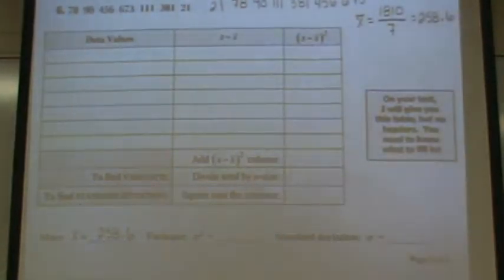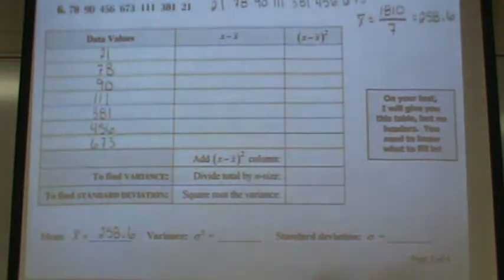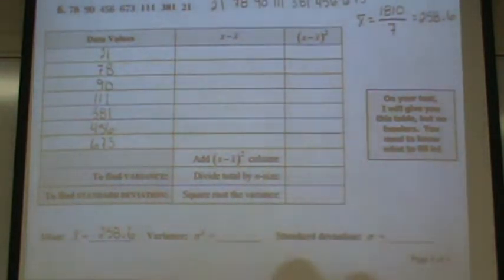So now to fill out the table, the first column is your data values, so all the points in your set. So we have 21, 78, 90, 111, 381, 456, and 673. So those are our data values in our set.